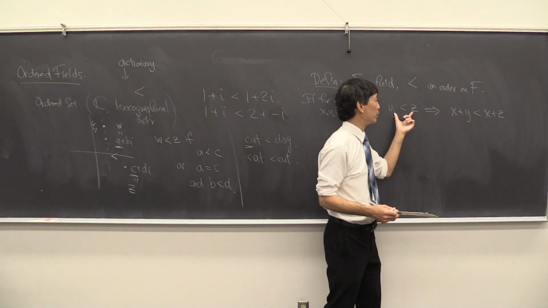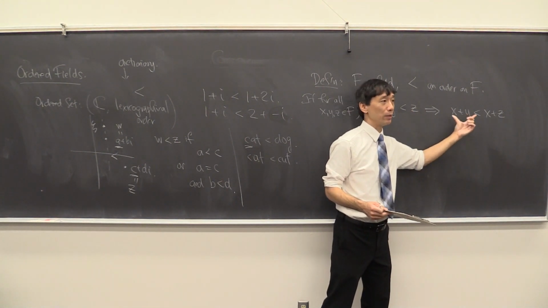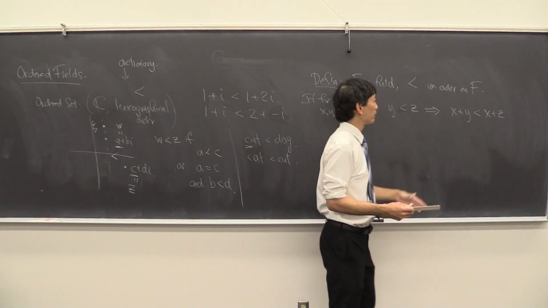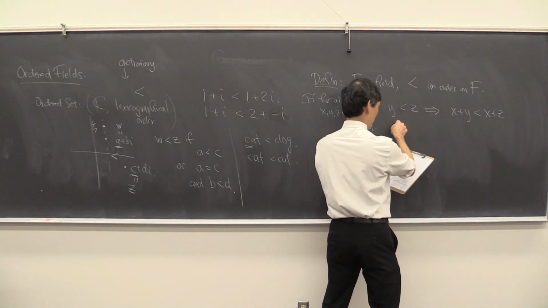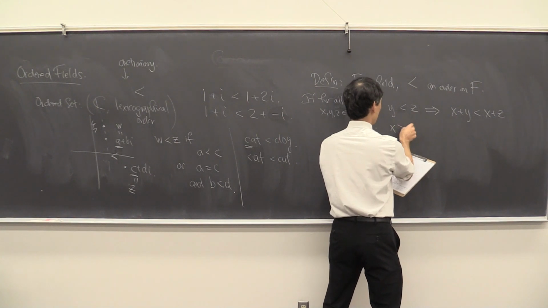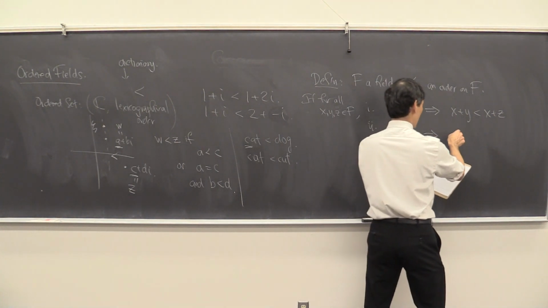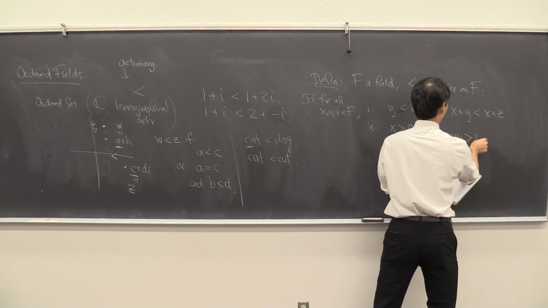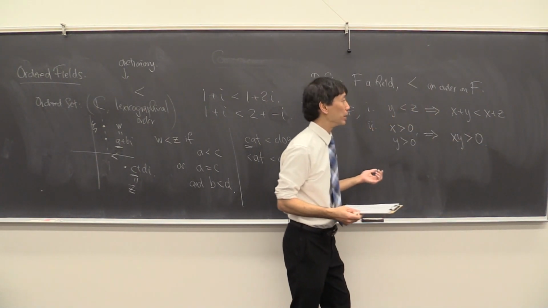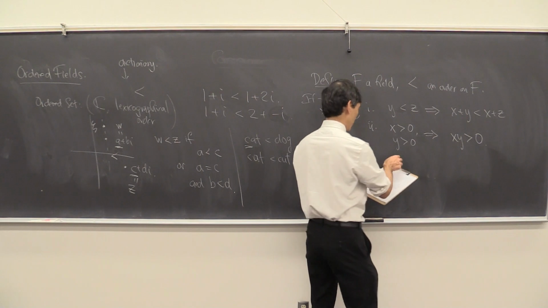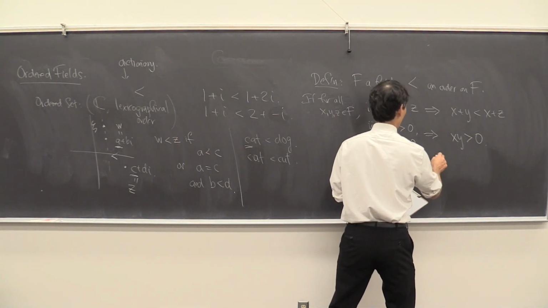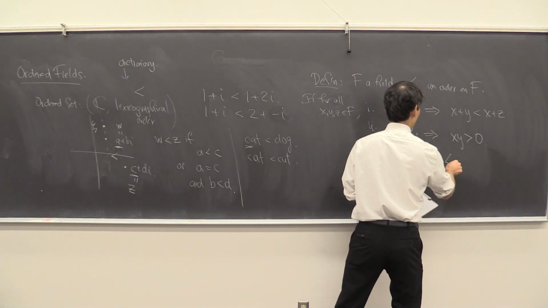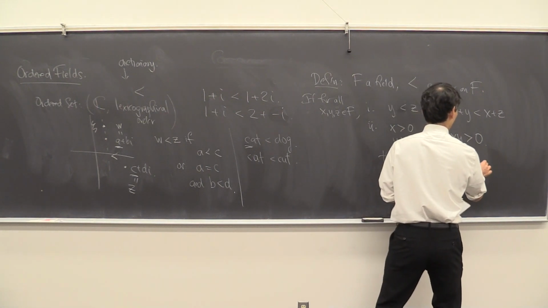When you have this order and you add the same thing to both sides, it still preserves that order. And you have that whenever you have two things that are greater than 0, the multiplication results in something that's still greater than 0. Then we call this, with the order, an ordered field.